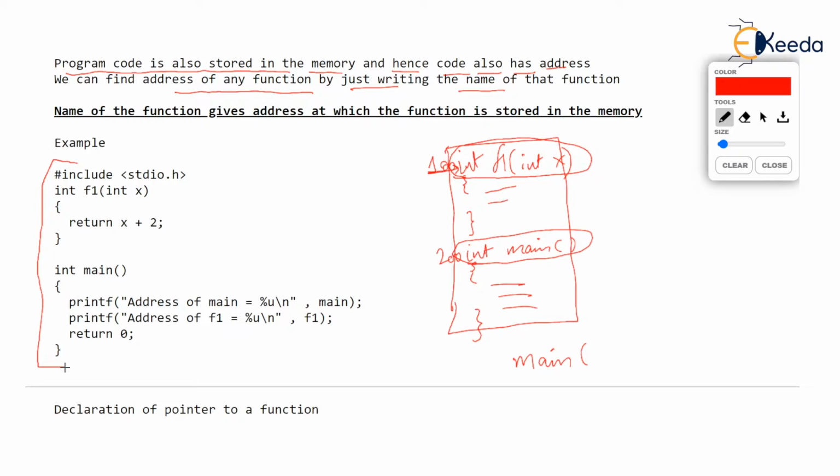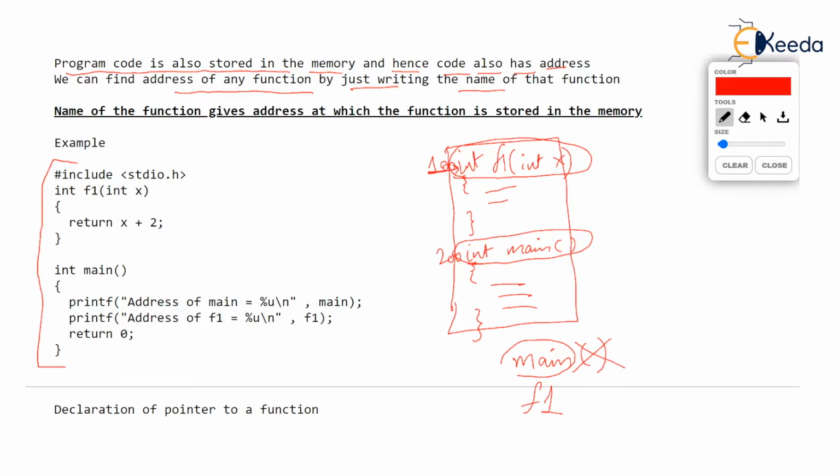You see what I am pointing to? See the cursor. We can find the address of any function by just writing the name of the function. So the name of the function is main. Or if you want to find out where f1 is located, you should just write f1 without any parenthesis. So the name of the function will give the address of that function.